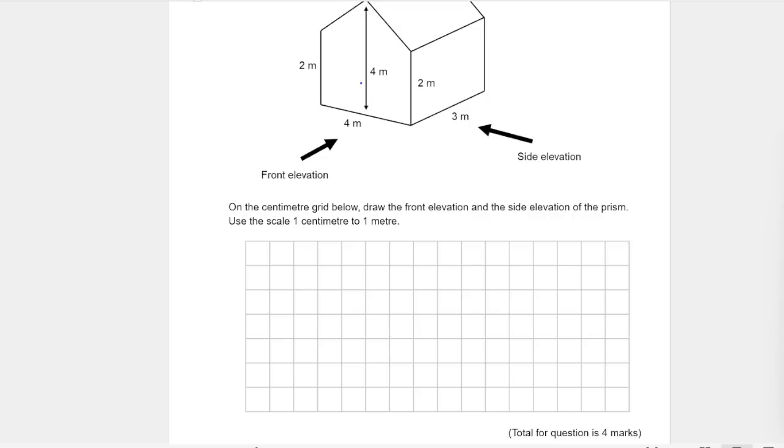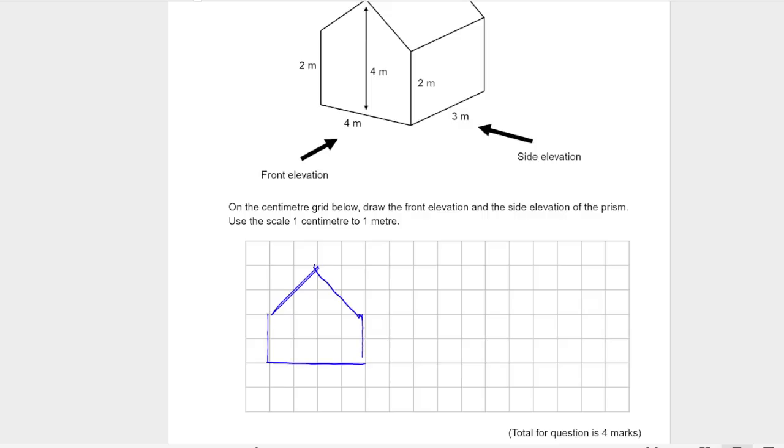So I'm going to go 2 squares, 4 across, another 2 squares, and then because I've got my ruler this way around, I'll put the vertex as well. So that's going to be my front elevation.